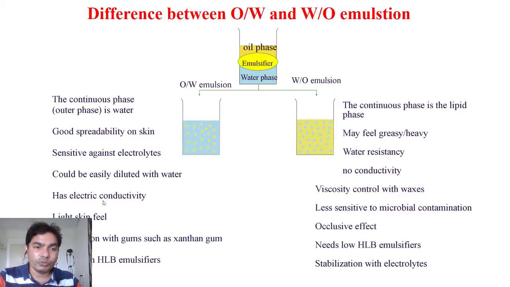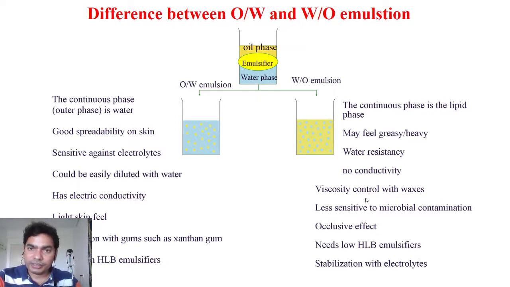Everybody wants to feel very light when you apply the cream, particularly girls who apply different kinds of cream on their skin, so that it should not be very greasy, very oily. So they like this kind of cream. Stabilization with gums such as xanthan gum needs high HLB emulsifiers.